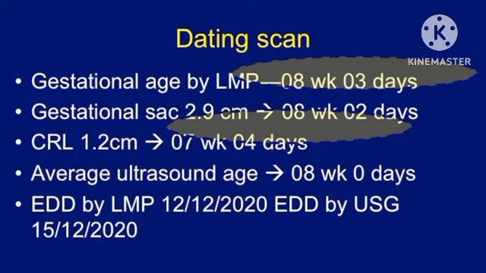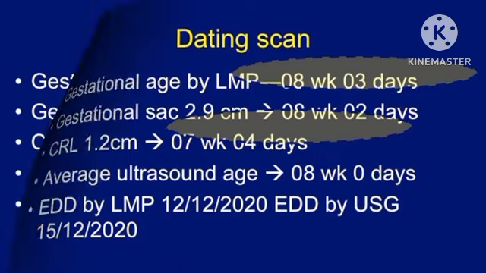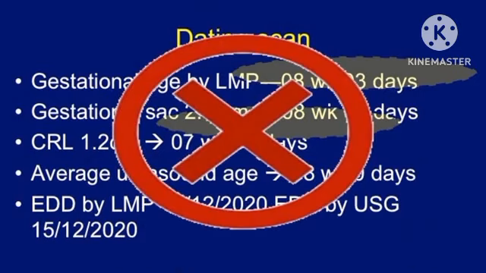But the CRL is the best method and there is a difference of 6 days. There is a mismatch of 6 days, and actually you should be reassigning this EDD by ultrasound age.